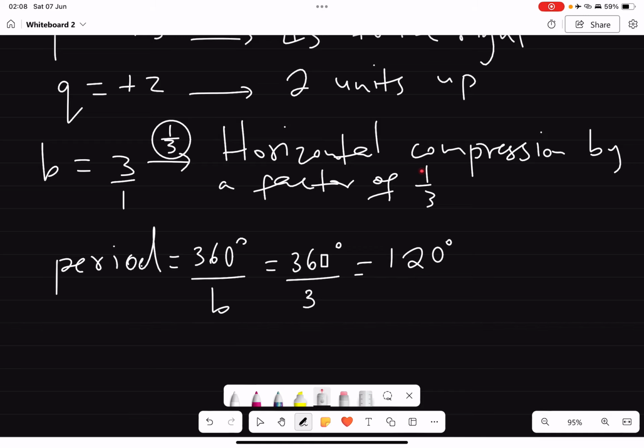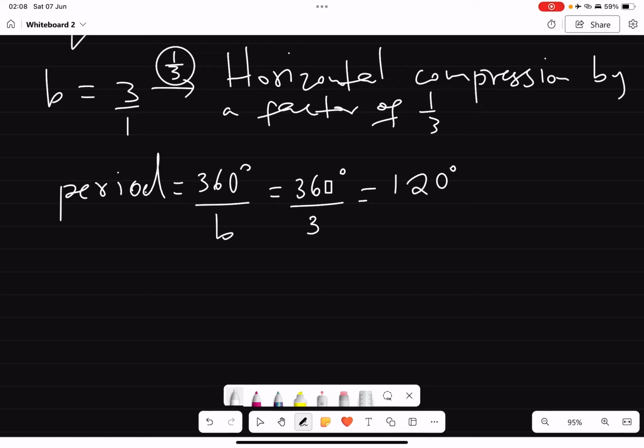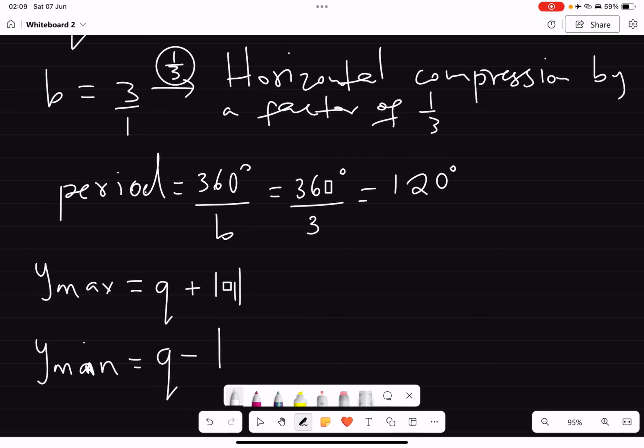All right, now we're going to do max and min, ymax and ymin. We're going to have q plus the absolute value, q minus the absolute value. What is our q in this case? Our q was 2.